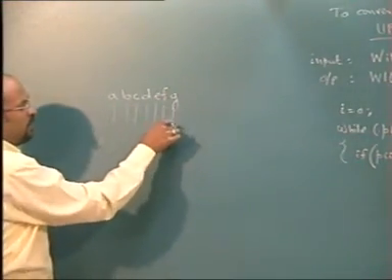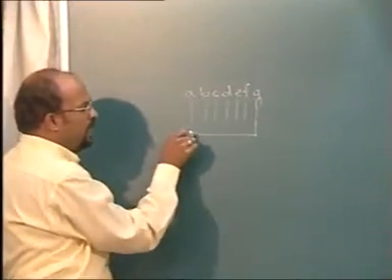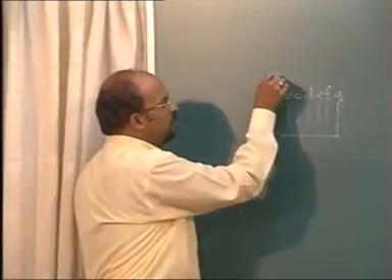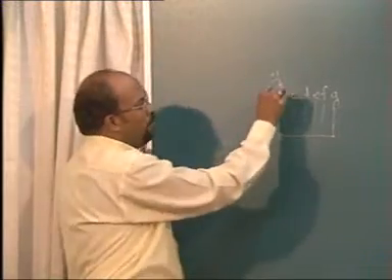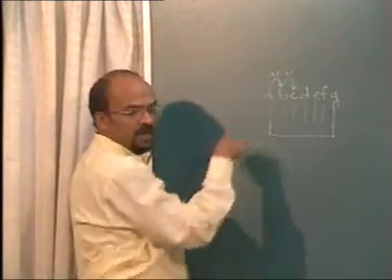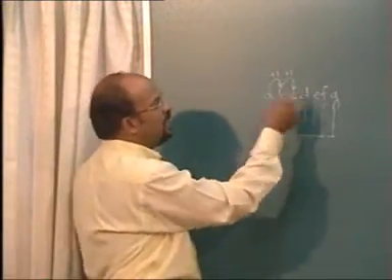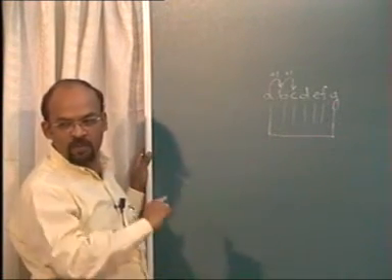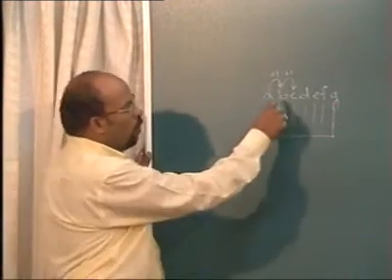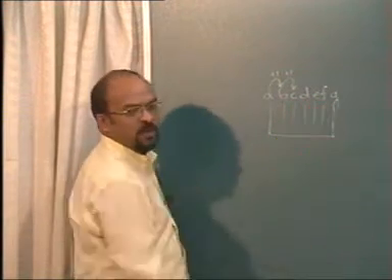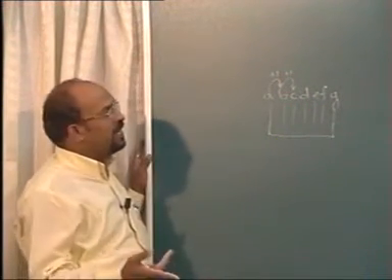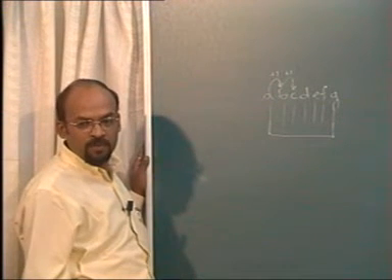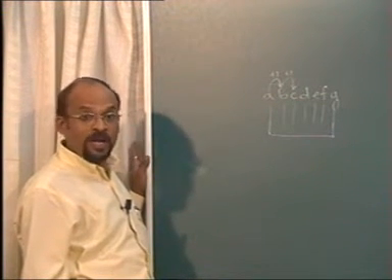If I subtract from G character A, then I know that A plus 1 will be B. B plus 1 is C, like that. So character G minus character A will come out to be the distance of character G from A. So 1, 2, 3, 4, 5, 6, it will be 6. For C it will be 2. For D it will be 3. For Z it will be 25. For A it is 0.